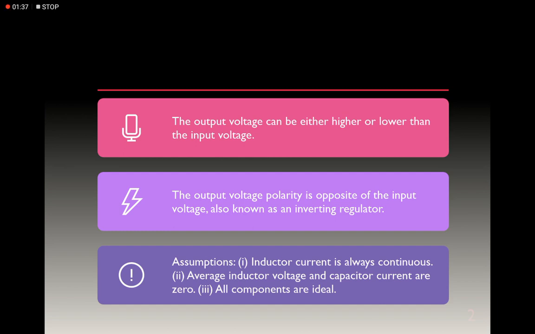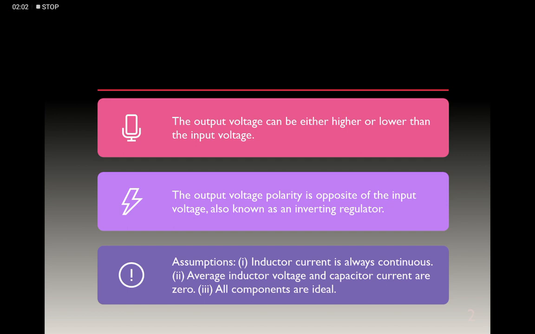So if the output is higher than the input voltage, it will act similar to a boost converter, and if the output voltage is lower than the input voltage, it will act similar to a buck converter.